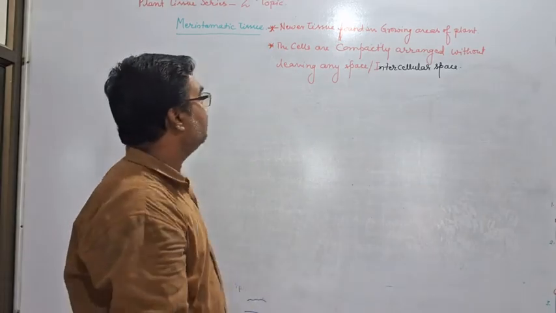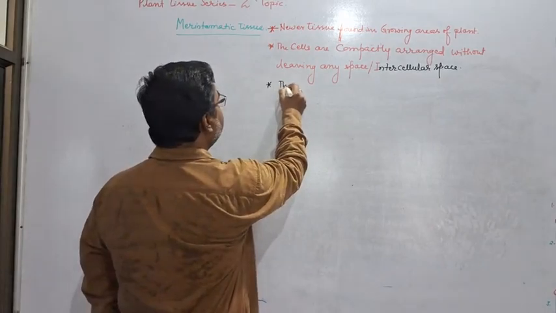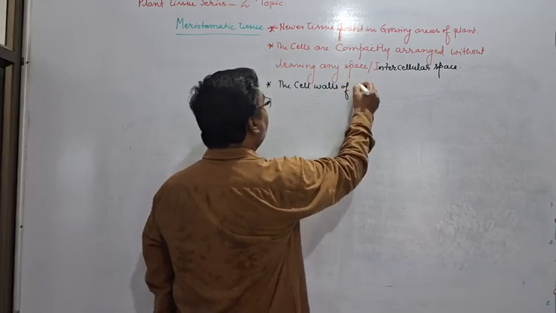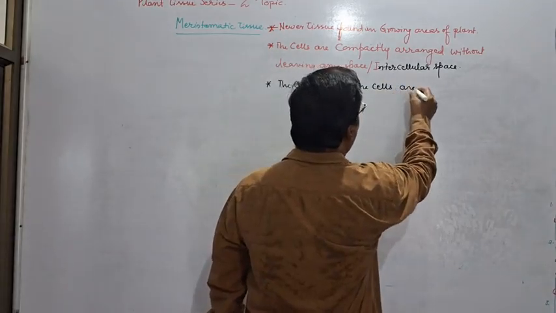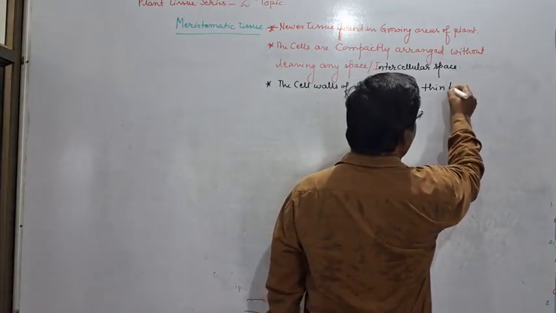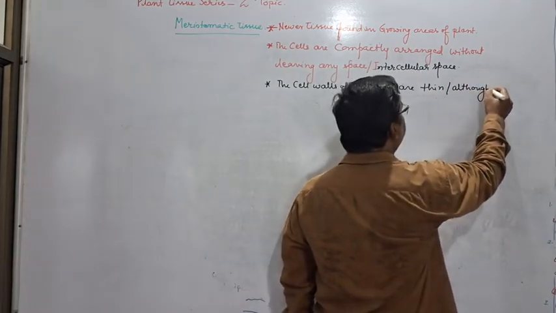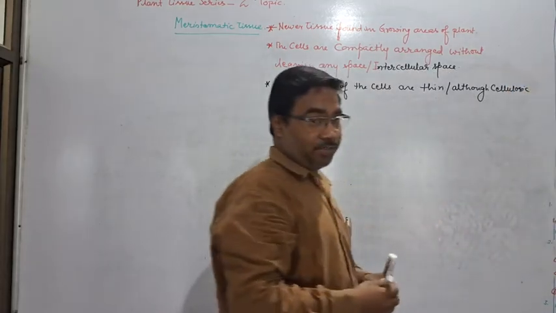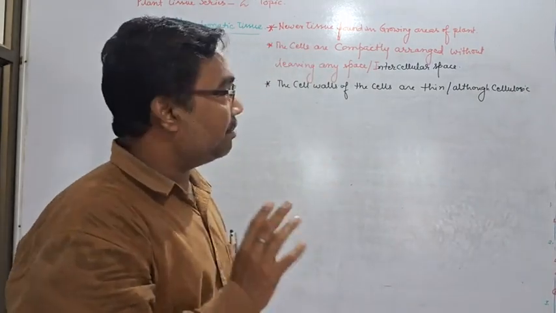The third thing is the cell walls of the cells are thin, although cellulosic. There is no confusion that the cell walls of plant cells are made up of cellulose.